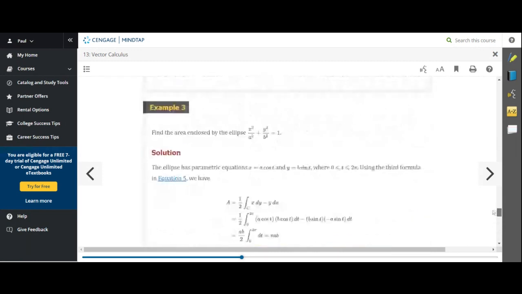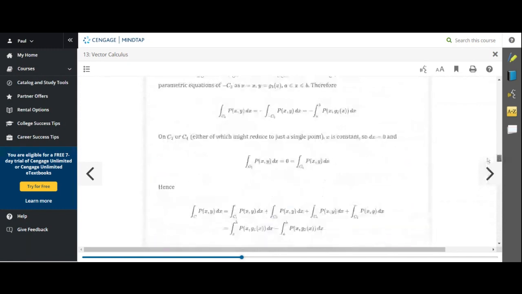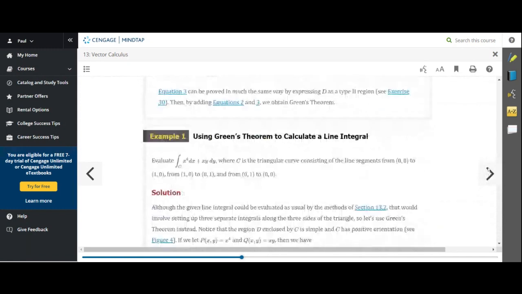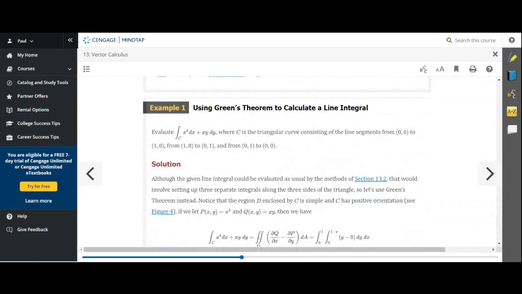Okay, example 1. Evaluate this line integral, where it's the sum of 2 line integrals, right? But it also stands for work.